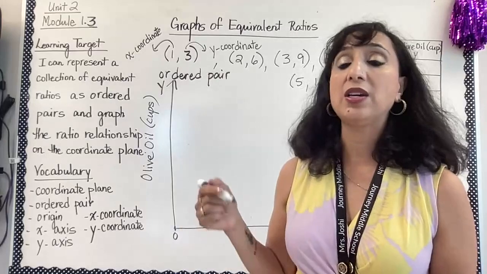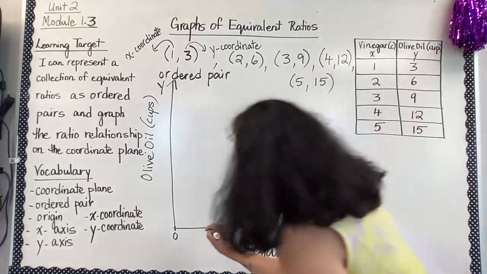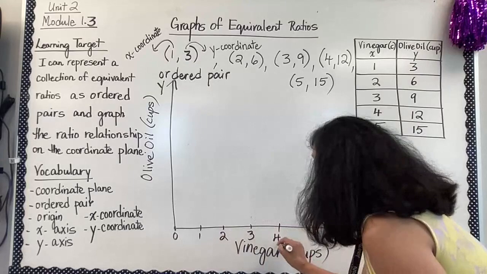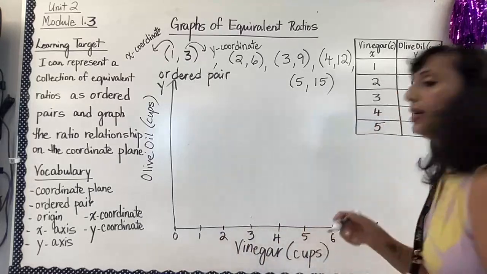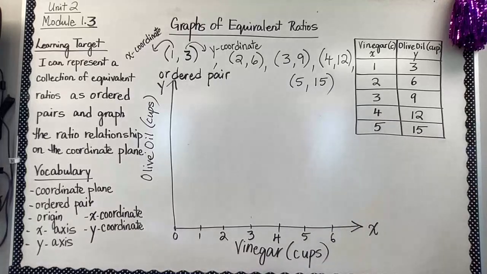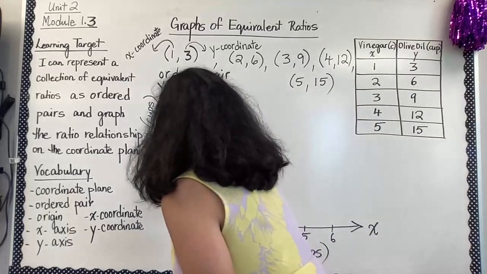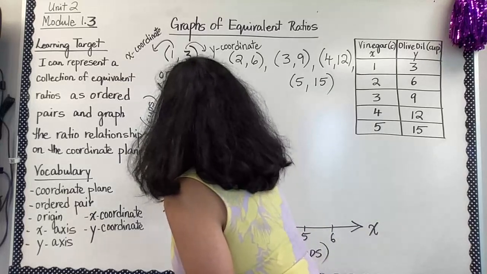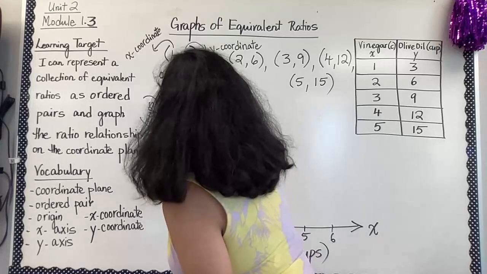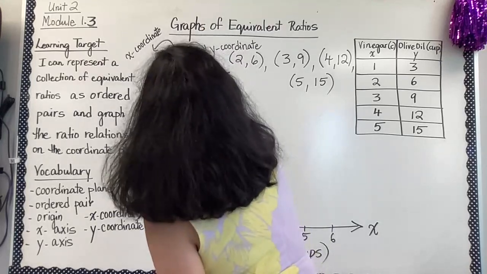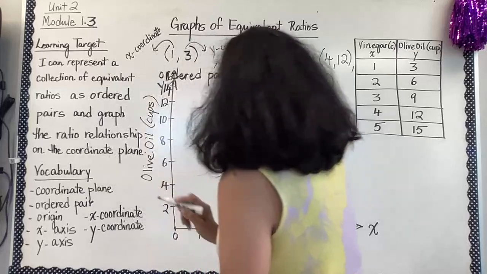So for the cups of vinegar, this is 1 cup, 2 cups, 3 cups, 4 cups, 5 cups, 6 cups, etc. For the olive oil, I am going to go by intervals of 2: 2, 4, 6, 8, 10, 12, 14, and one more, 16.